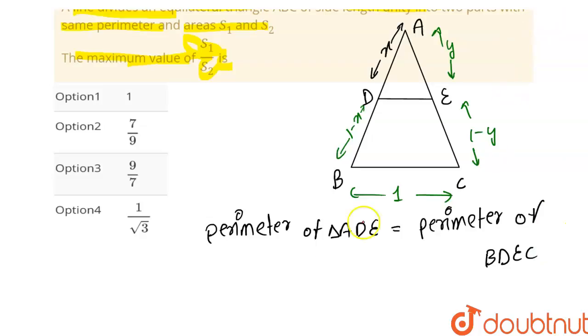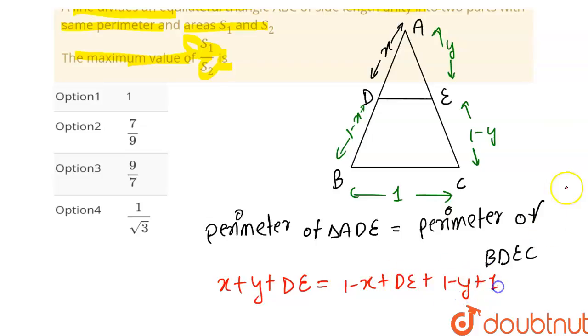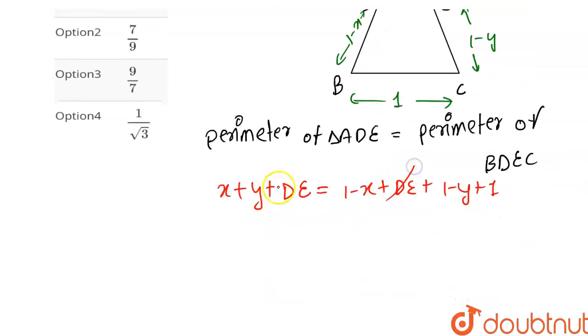The perimeter of ADE is X plus Y plus the length DE, and it is equal to the perimeter of BDEC, given by 1 minus X plus DE plus 1 minus Y plus 1. Now DE will cancel out, and X plus Y is equal to 1 plus 1 plus 1, which is 3, minus X minus Y.